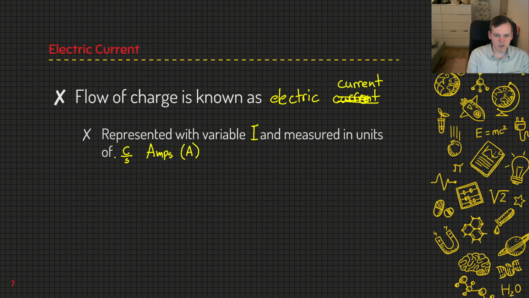If there were positive charges moving through a circuit, they would move in the direction of conventional current. Unless otherwise told, we always use conventional current. So when we just say current, we are almost always referring to conventional current, pretending like positive charges are moving through the wire.